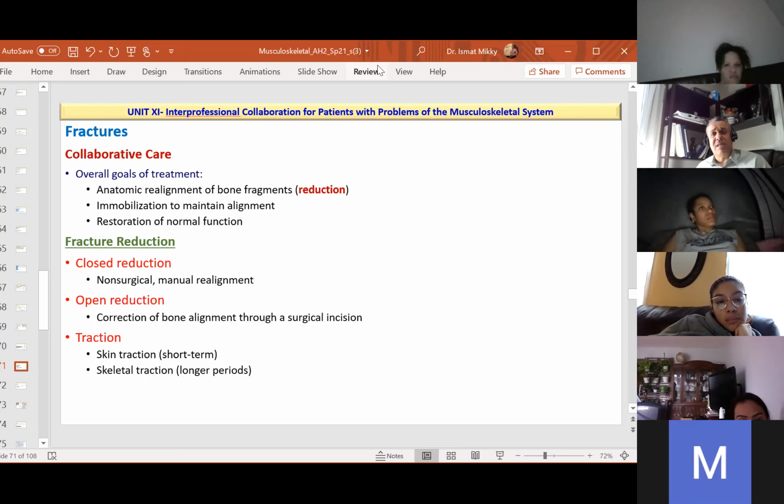You can use a splint, a bandage, a cast, or braces. So there are different modalities to immobilize the fractured bone or joint. So immobilization is a positive.